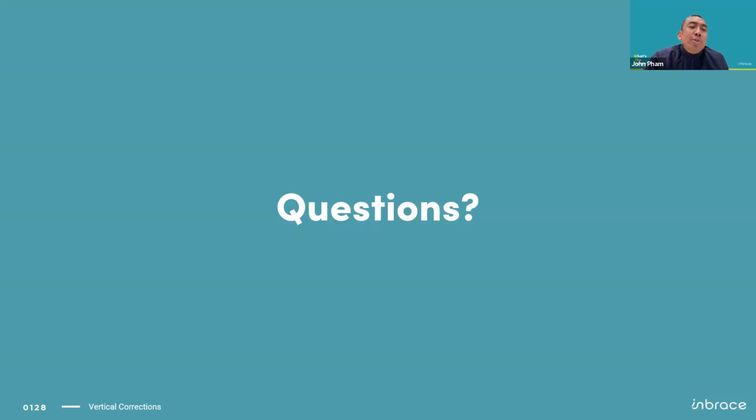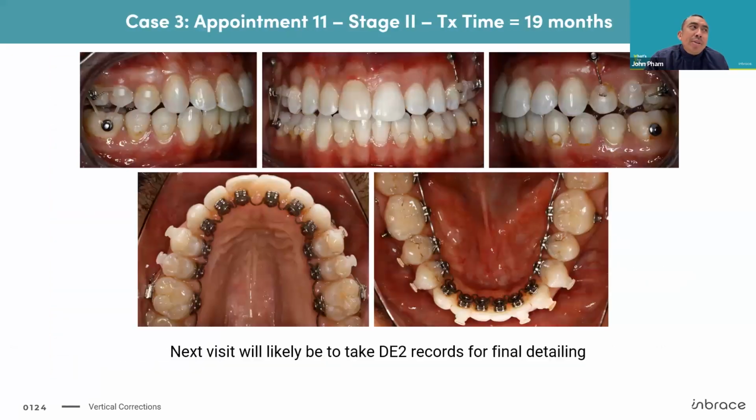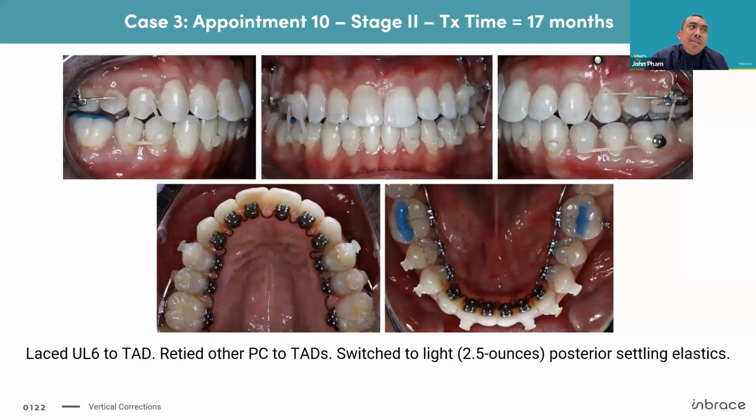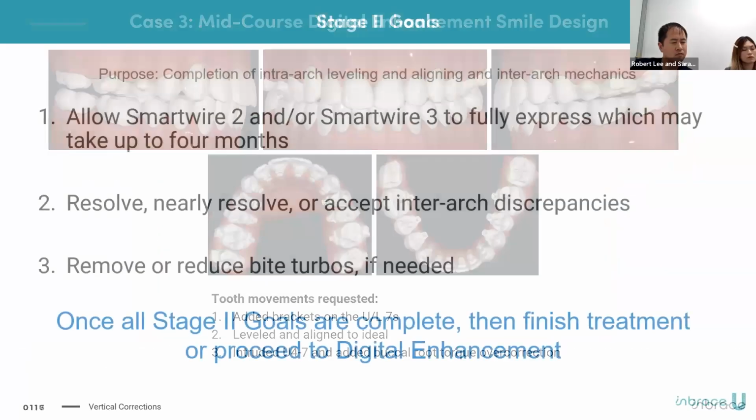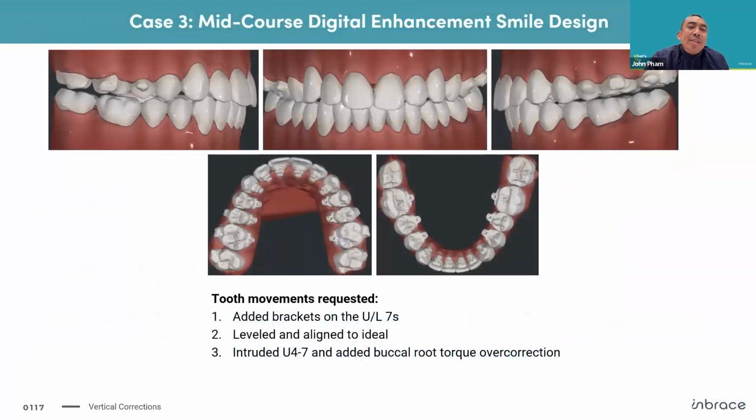Why don't you just go through the case when you're using the elastic? With the post debond IPR, how do you? Okay, doctor, if you can ask that question again, I'll move on to the next question.